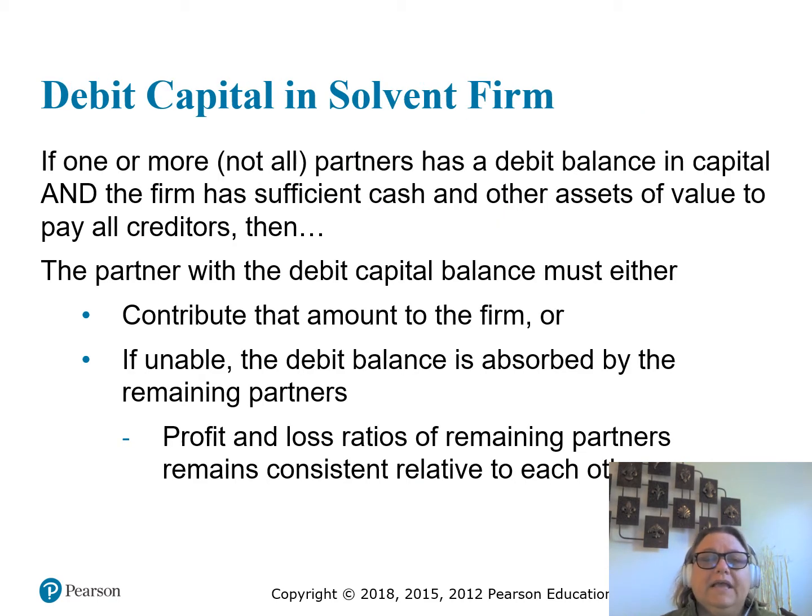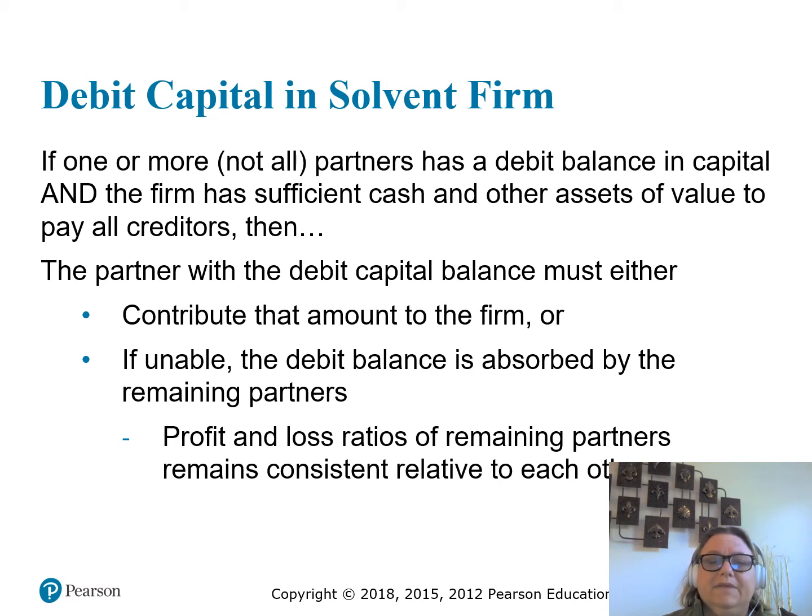All right, so if you have debit capital in a solvent firm, if one or more, not all, of the partners has a debit balance in the capital account, in other words a negative balance, and the firm has sufficient cash and other assets of value to pay all the creditors, so one partner is in the hole, the others aren't, then the partner with the debit balance must either contribute that amount to the firm, or if they can't come up with the money, the debit balance is absorbed by the remaining partners.